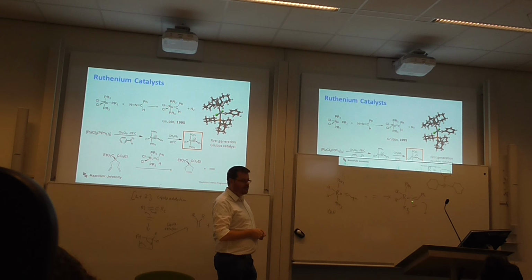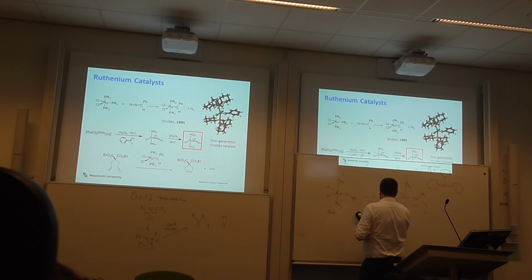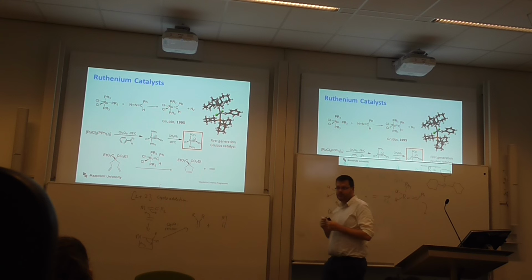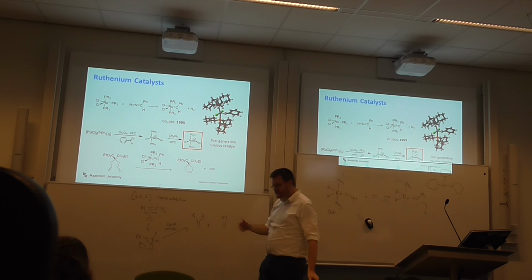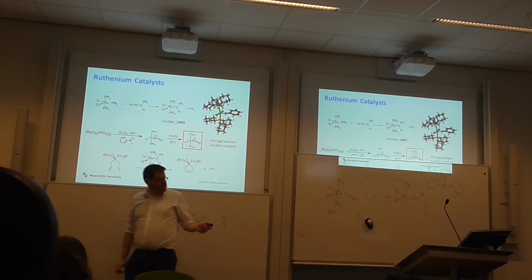You lose a phosphine, you lose this tricyclohexylphosphine in solution, and you have this hot 14 valence electron intermediate, which then sees the alkene and grabs it and you start the cycle. Or you have ring closing, ring opening, cross, whatever. That's the active species.